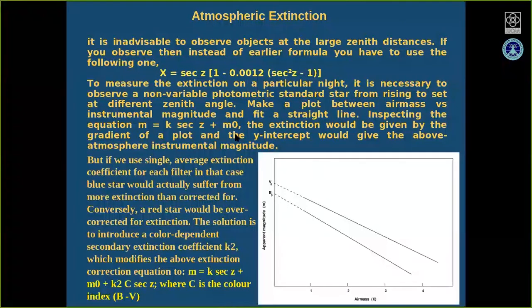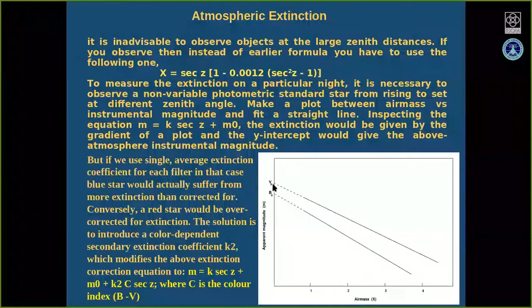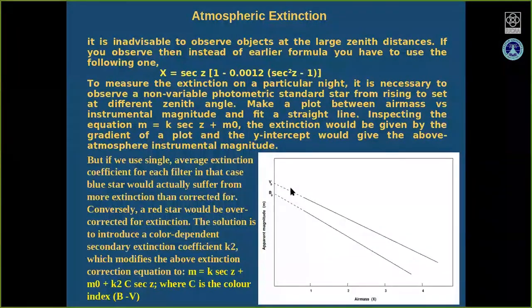And what is m0? M0 is nothing but the intercept, the intensity or magnitude of that star above the atmosphere. That is m0, right?